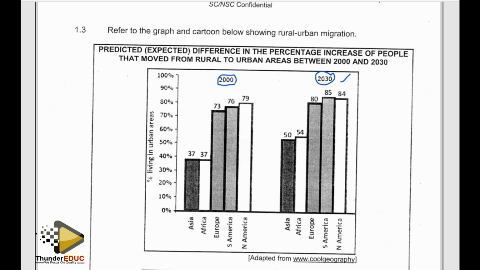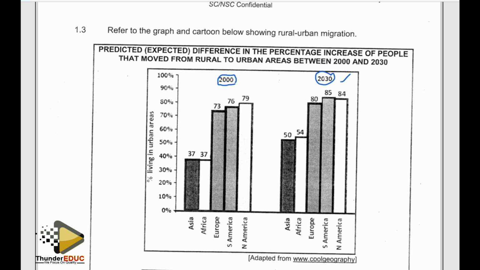Then you check Africa is having 37 and is having 54. So you can see that there is a wider difference here. 54 minus 37, that gives us 17. Then if we check for Europe, Europe here has got 73 and has got 80 in 2030, the prediction.